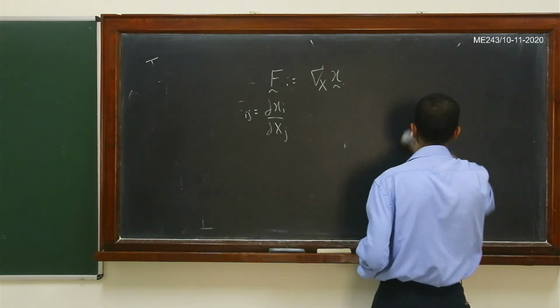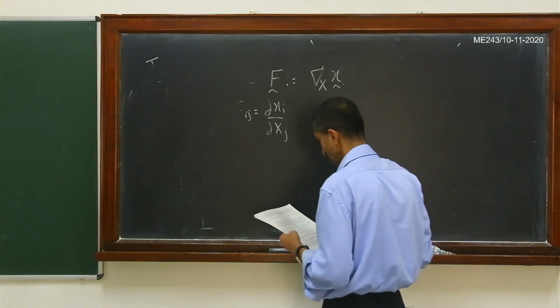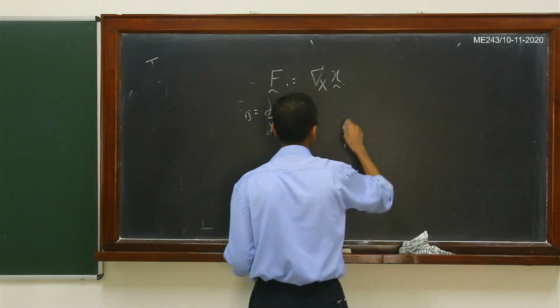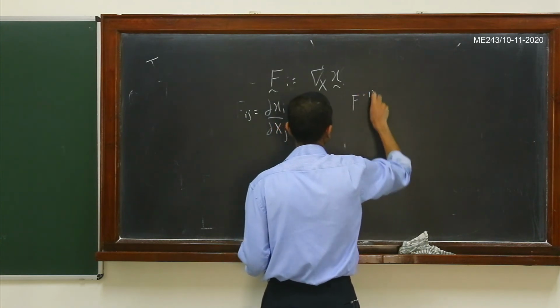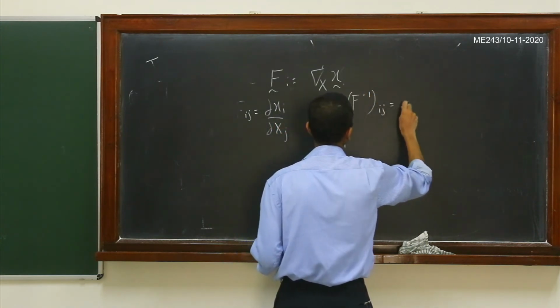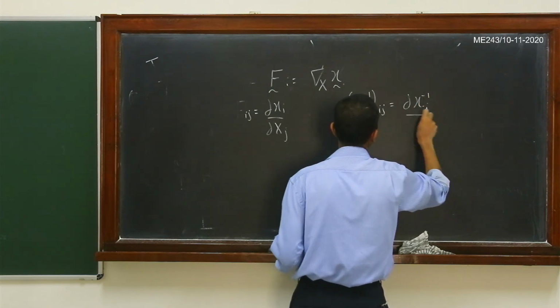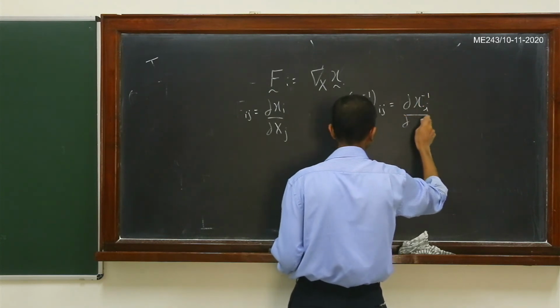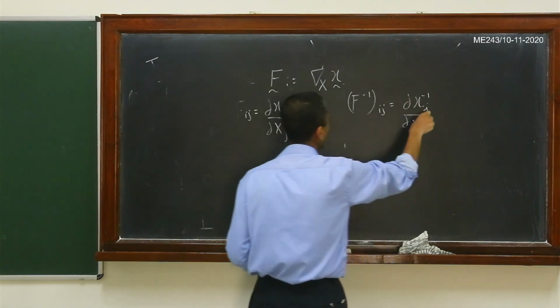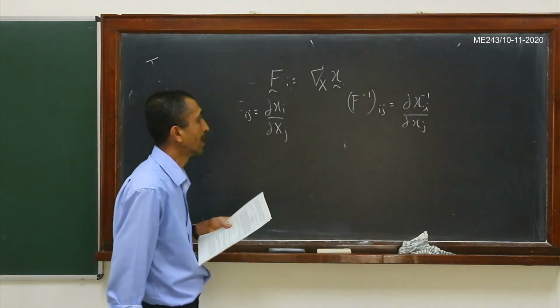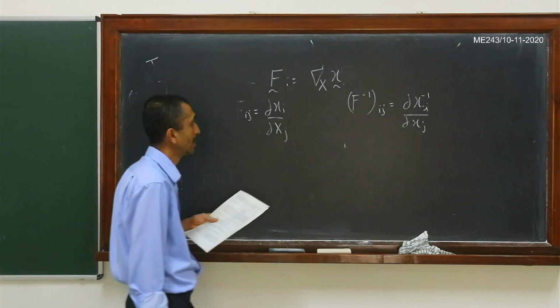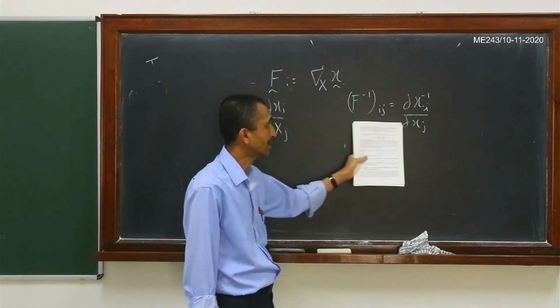F inverse of ij I can define as del chi inverse i by del xj. So now this gradient is with respect to small x.